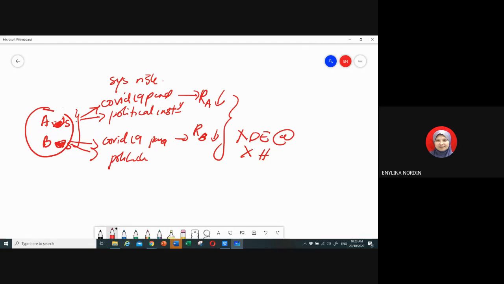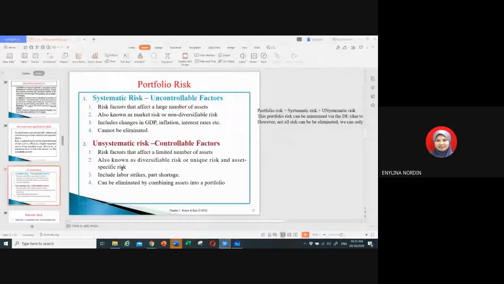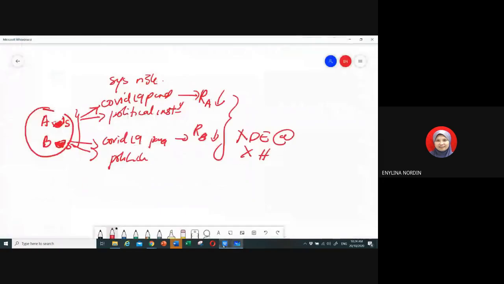Apa contoh unsystematic risk? We go back to the slide. So unsystematic risks are the risks that affect a limited number of stock. That means it is a unique risk or an asset specific risk. What does it mean? That means every stock has different risks. Contoh dalam case ni tadi, maybe stock A ada berita announce that the death of CEO dia.